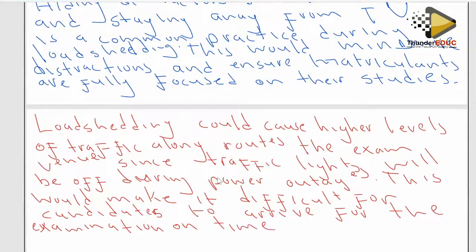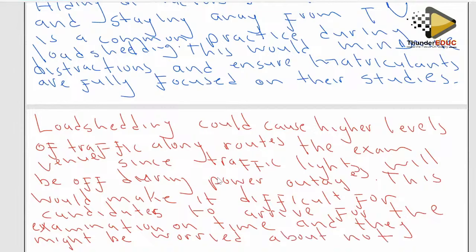This would make it difficult to arrive at the examination center on time, and they might be worried about not finishing on time. So this is the first thing.